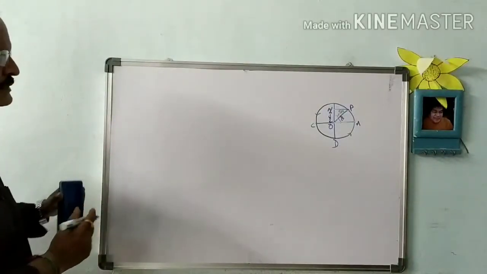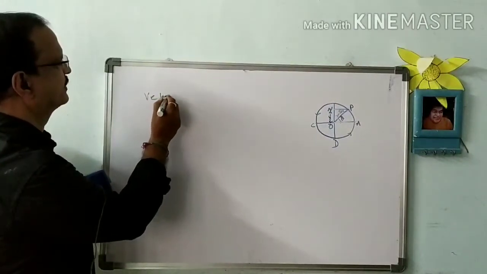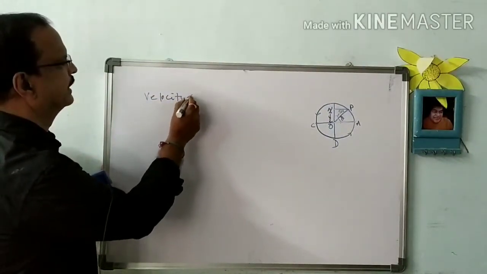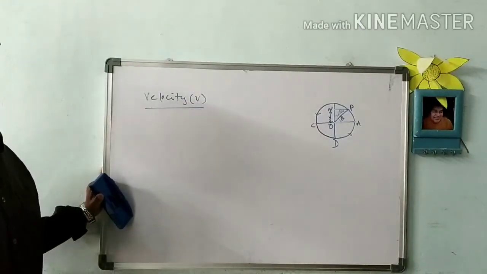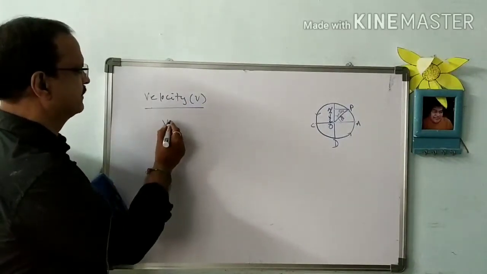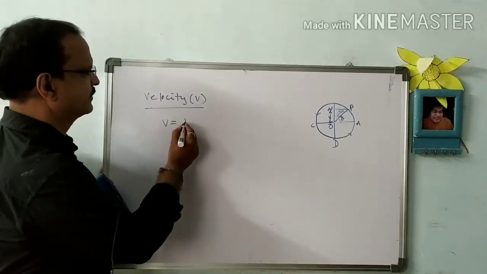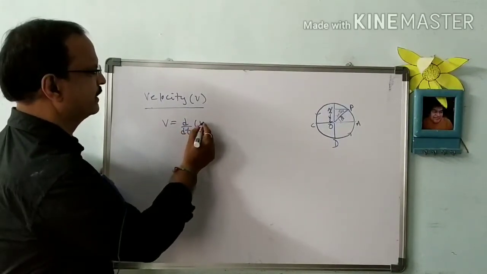now we go for the velocity. Velocity of a particle in SHM. So velocity is the rate of change of displacement, so we can write it as d by dt of y.